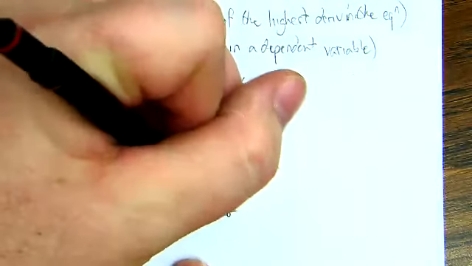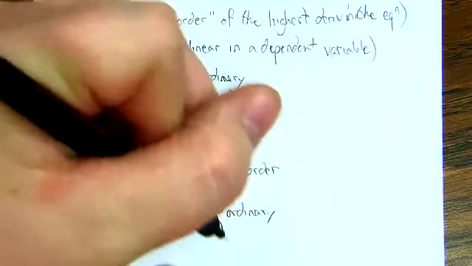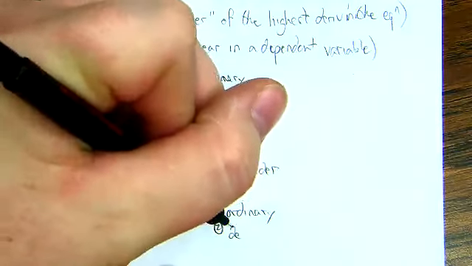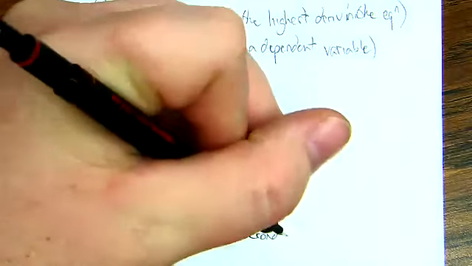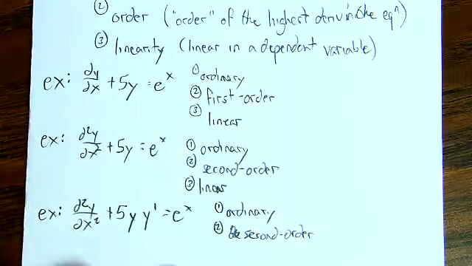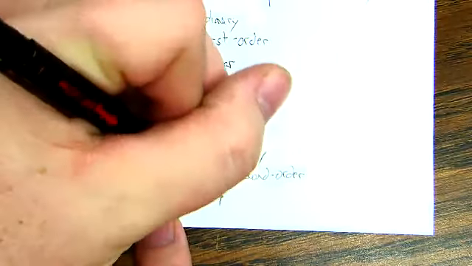It's still ordinary. It is still second order because the second derivative is still present. But now this is nonlinear.